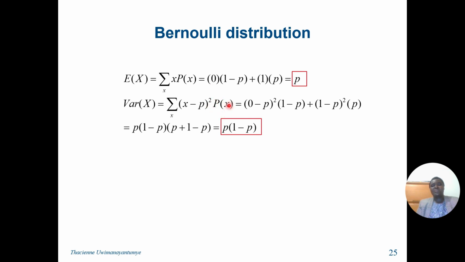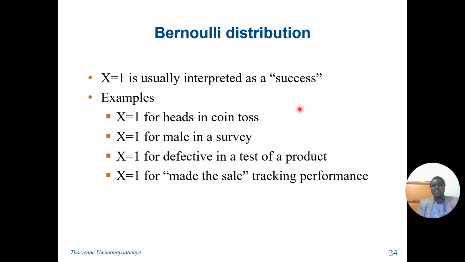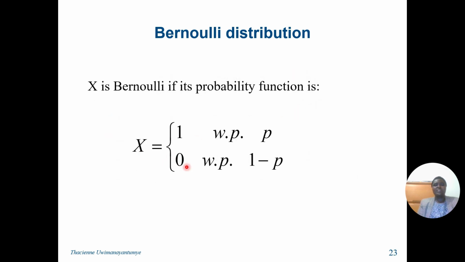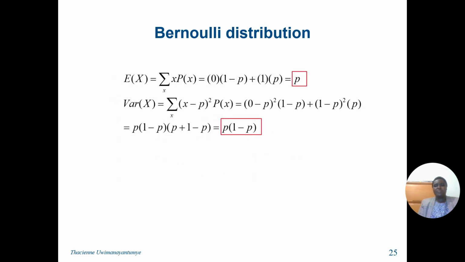If x is equal to 0, then we take 0 minus p squared times the probability that x is equal to 0, which is 1 minus p, as we have seen here. When x is equal to 1, the probability is p. So that's why we multiply by 1 minus p when x is equal to 0, and we multiply by p when x is equal to 1, and we sum this up.